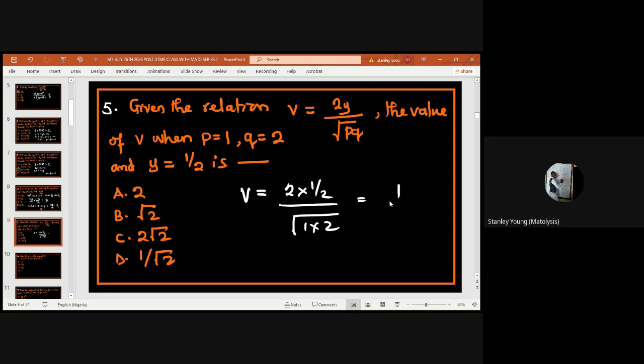So this gives you root 2. Sometimes before you pick the option, you try to rationalize in case you have a completely simplified expression. So it could also be root 2 over 2. In this case, you just go for 1 over root 2.